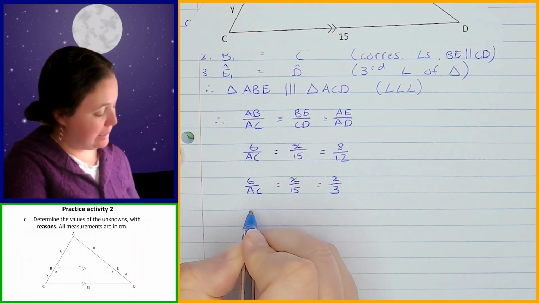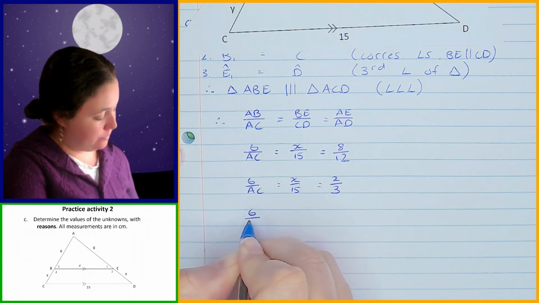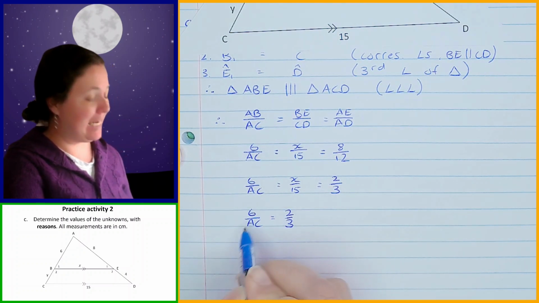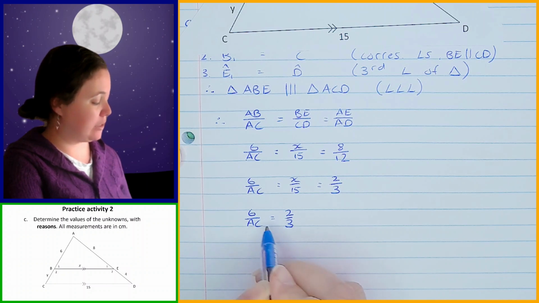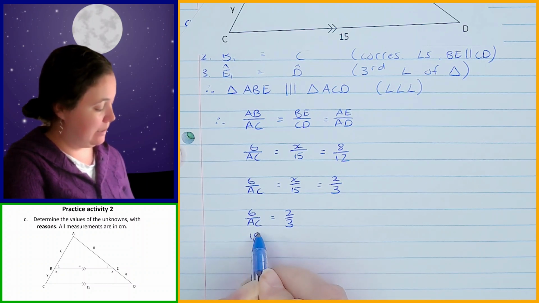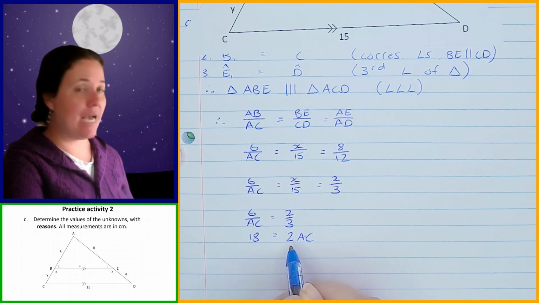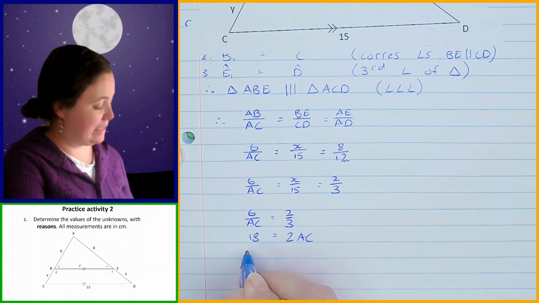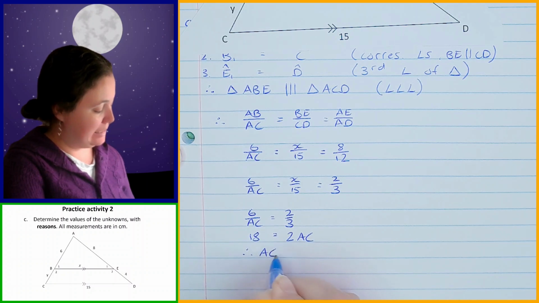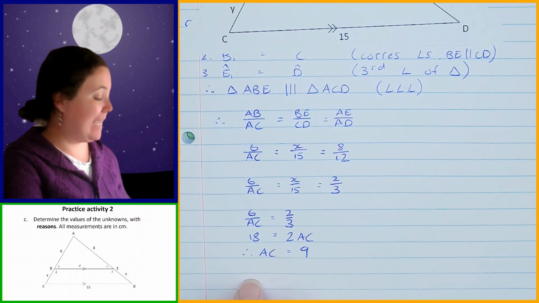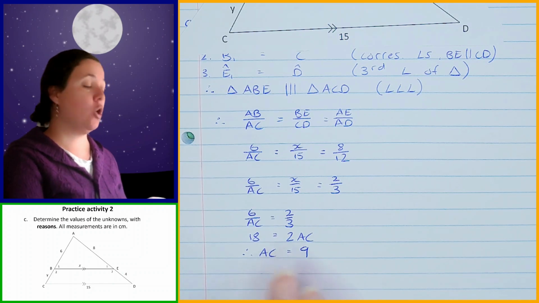So I have 6 over AC equal to 2 over 3, and now I'm going to cross multiply. So I've got 6 times 3 is 18 equals 2 times AC is 2 AC, and then I'm going to divide by 2 to find out what just AC is. So therefore AC is equal to 9. Now I didn't want to know what AC is, I want to know what Y is.